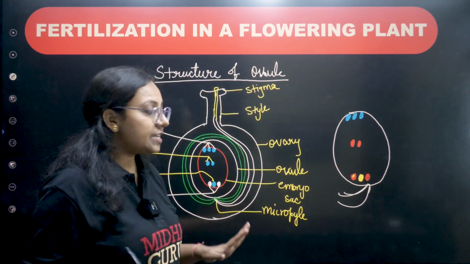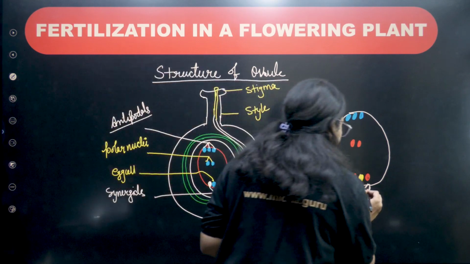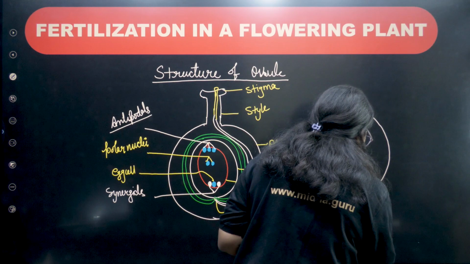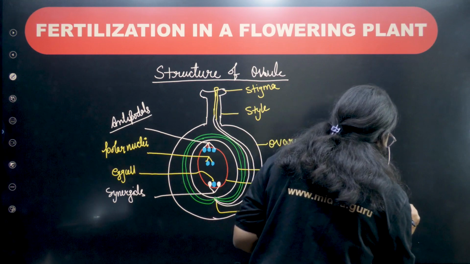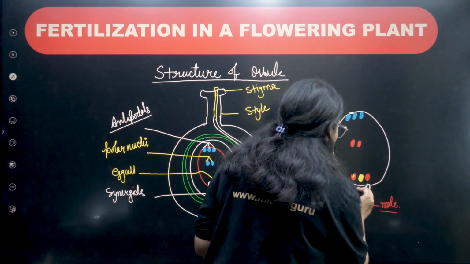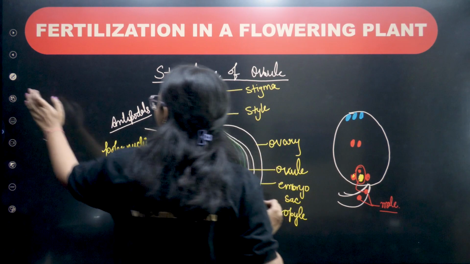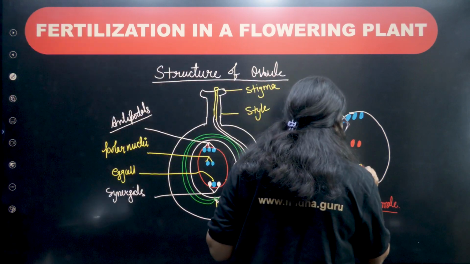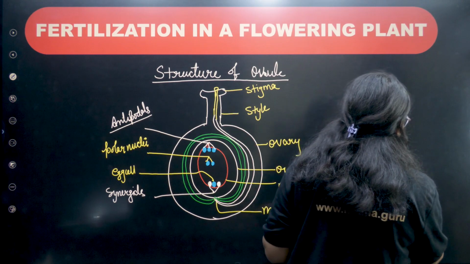That means it will disintegrate once the pollen tube is completely grown. After that there are these two, 1 and 2. These are the two male sperm cells. Out of these, one cell will fuse here, and one fusion will take place to form the zygote.